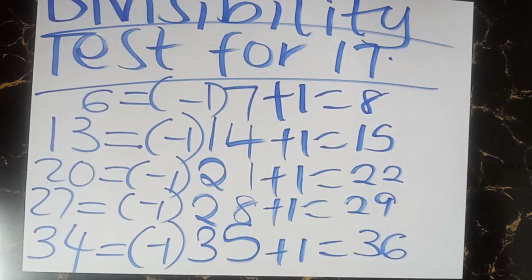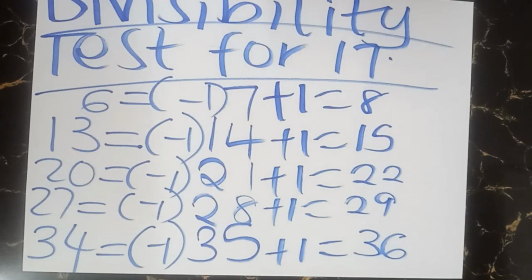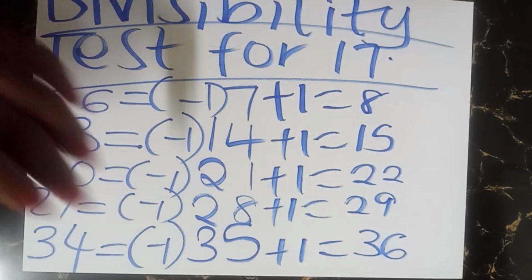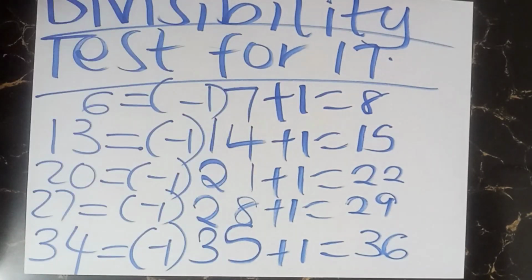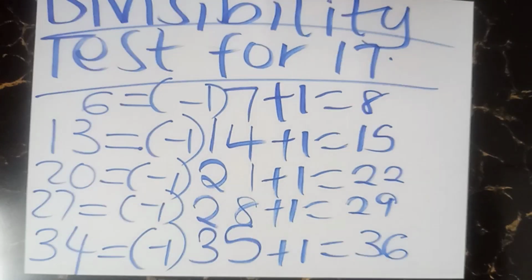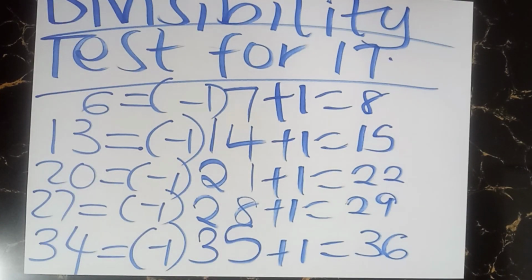Here, remember, we are subtracting because we got 34, which is a multiple of 17, by subtracting a multiple of 7, which is 35, from 1. If we had added a multiple of 7 to get 17 or a multiple of 17, then we would add. I believe you now understand why we subtract and not add.